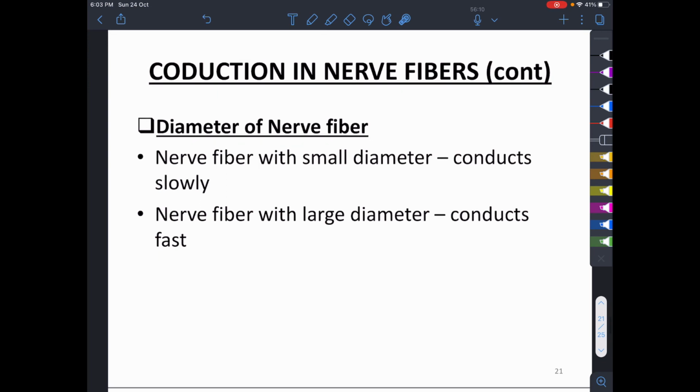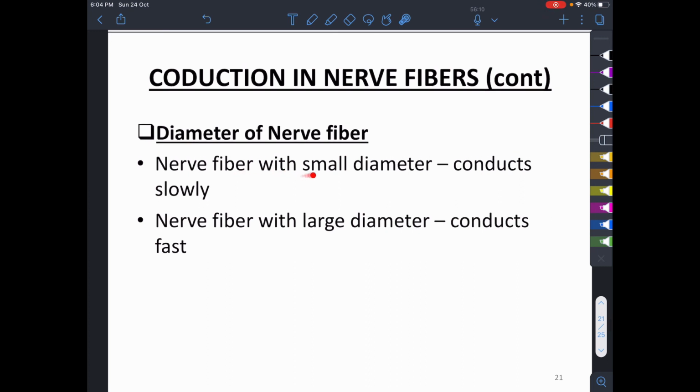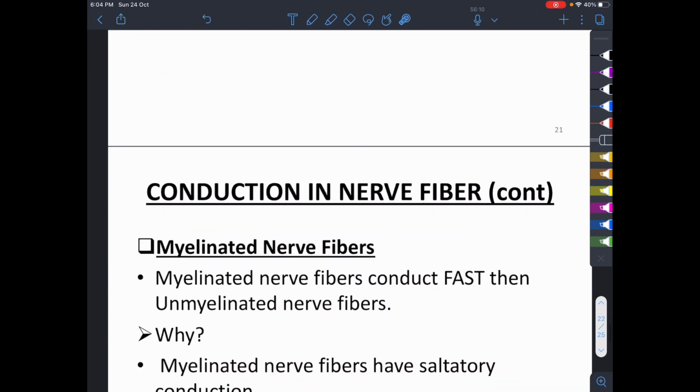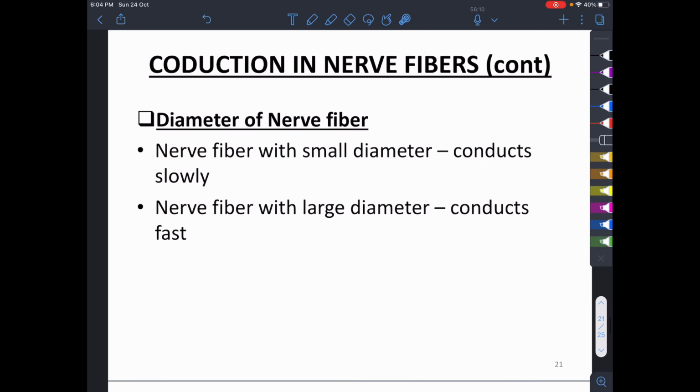How does the diameter of the nerve fiber affect the conduction? So the nerve fiber with small diameter conducts slowly, but with the large diameter conducts faster. يعني لو كان diameter حق النيرف fiber small it's slow. لو كان large it's fast. That's it. This is how it's going to affect.